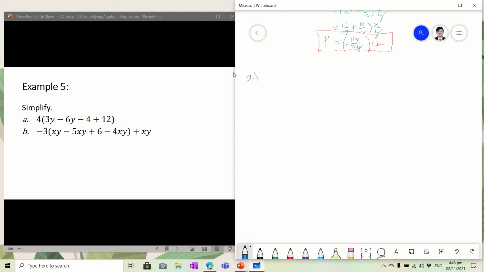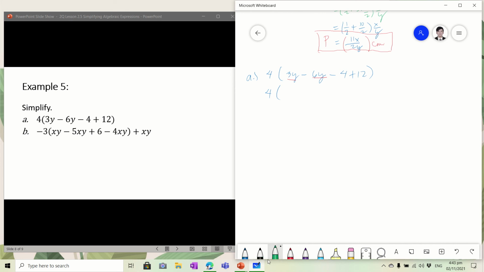So first, we still follow PEMDAS. We need to simplify first whatever's inside the parentheses. So notice that 3y and 6y are like terms because they have the same literal coefficient, which is y.